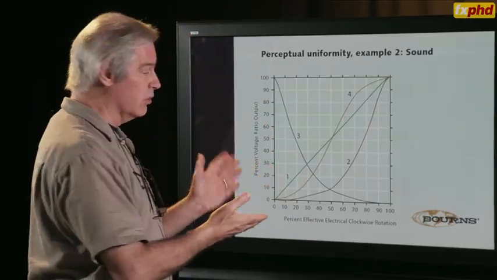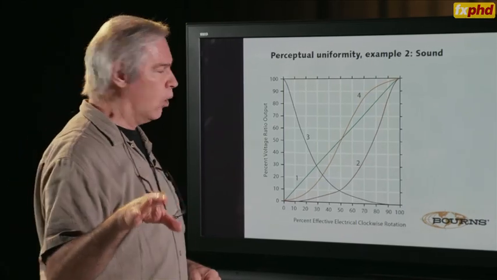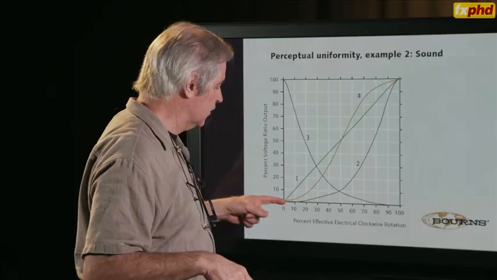And here I'm giving you the graph directly pulled from a Bourns potentiometer catalog. These are the guys that actually make those physical components that are the volume controls. And the standard audio taper, as they call it, is in graph 2.